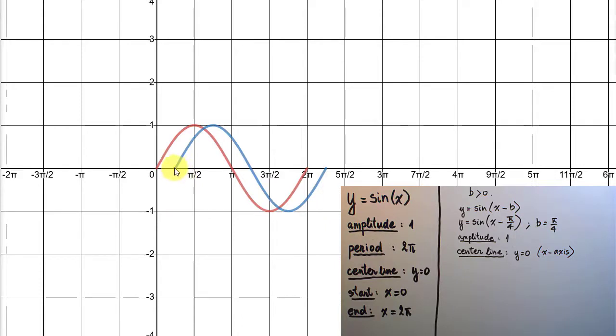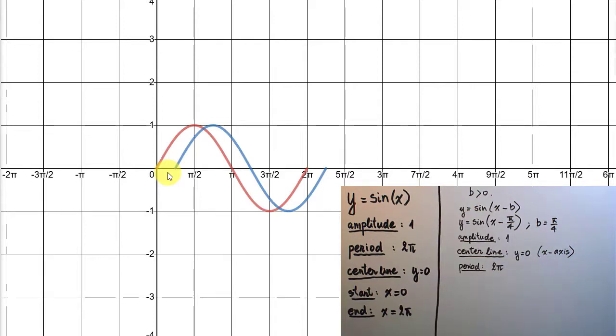As far as the eyes can tell us, the blue graph has the exact same interval length from where it starts to where it ends, about the same as the period of our red graph. Right now it's just a prediction. We're predicting that the period for sine of x minus pi over 4 is 2 pi, and we will come back to confirm that later.